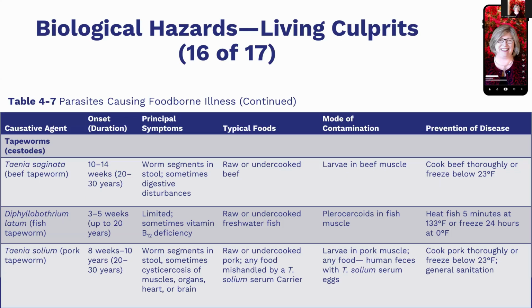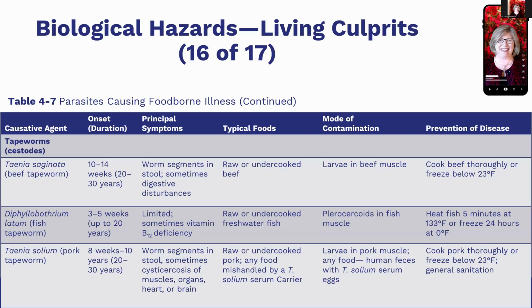Typical foods here we see raw or undercooked beef, raw or undercooked freshwater fish, raw or undercooked pork, or any food mishandled by a T. solium carrier. And the mode of contamination: larvae in the beef muscle, plerocercoids in the fish muscle, larvae in the pork muscle, also human feces with T. solium eggs.